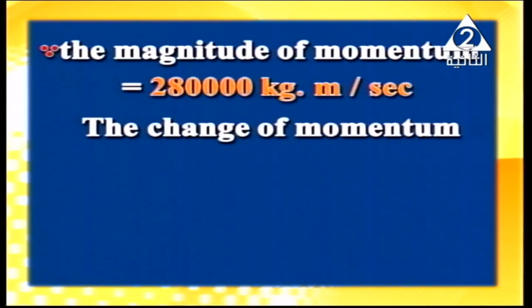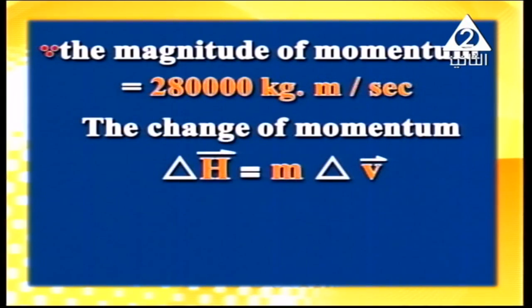The change of momentum is represented by delta p. What do we mean by change of momentum? If a car has mass and velocity and moves from point A to B, this is a change of momentum. The change of momentum equals m times the change of velocity. The car's mass is constant, 2 tons, but its velocity is variable.